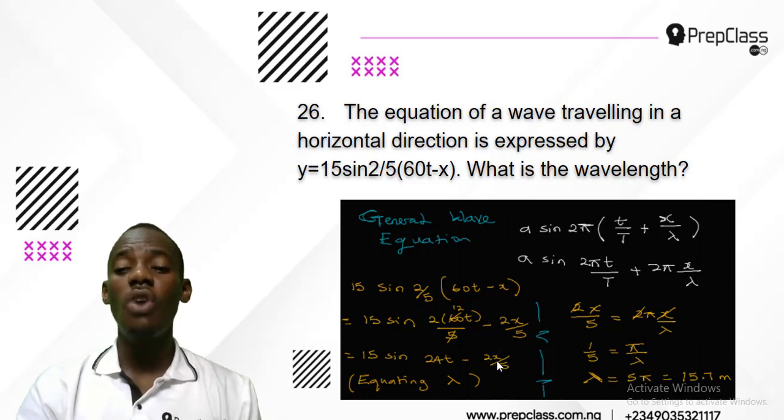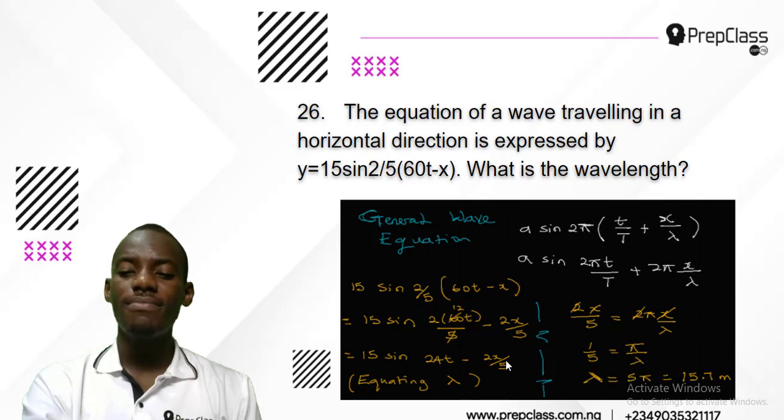That's all you have to do. Equate the one that has x in your question to the one that has x in the general equation of wave. So I will just say 2x over 5 equals 2 pi x over lambda.